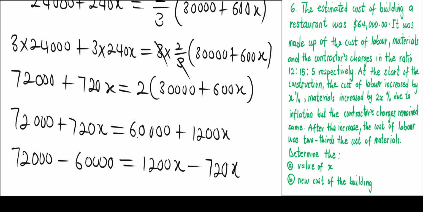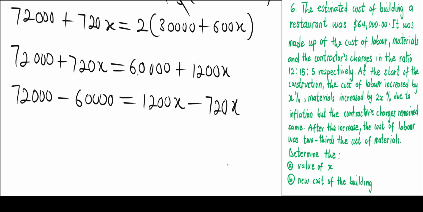All right, so we have our 72,000 minus 60,000, which will give us 12,000.